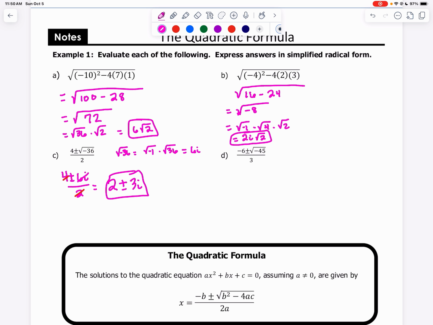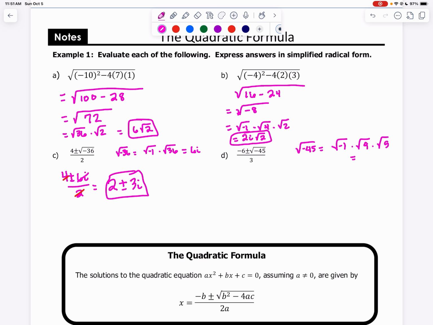All right, problem D. Negative 6 plus or minus the square root of negative 45, divided by 3. Before we start, let's simplify square root of negative 45. We have a negative, so we need to use the imaginary unit to simplify this. This would be square root of negative 1 times square root 9 times square root 5.